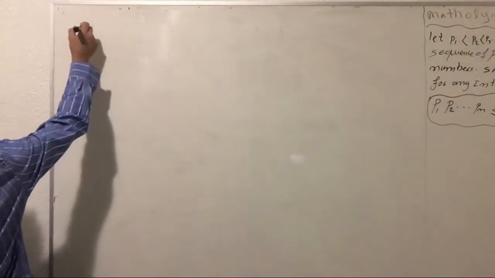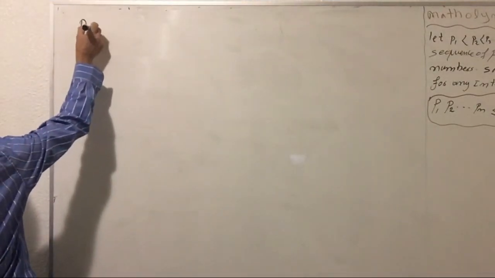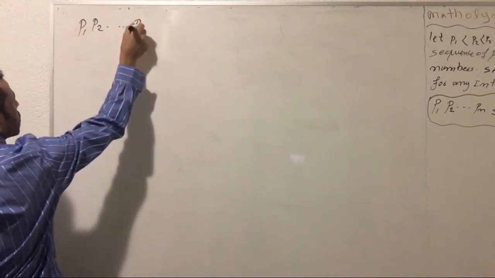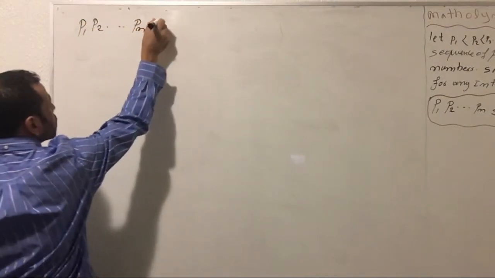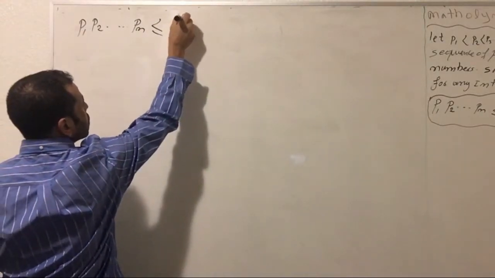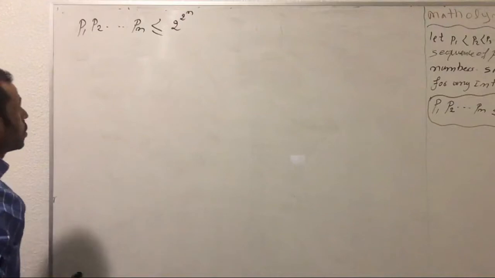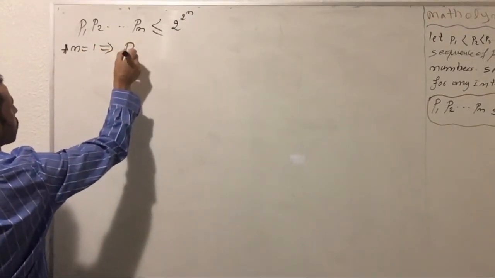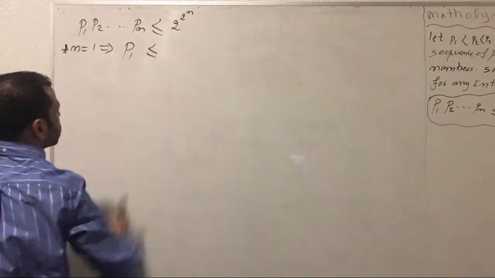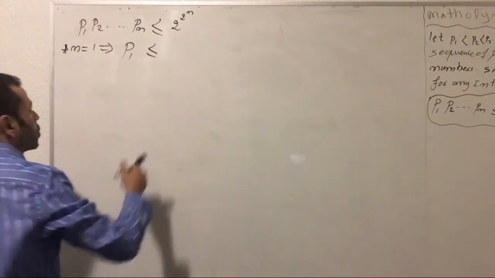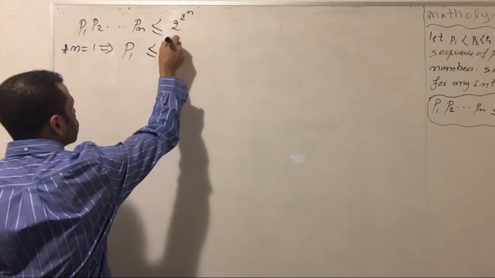As you see here, you have P1 through Pn, this is the product, less than or equal to 2 to the 2^n. So for n equal to 1, we have P1 less than or equal to 2 to the 2.